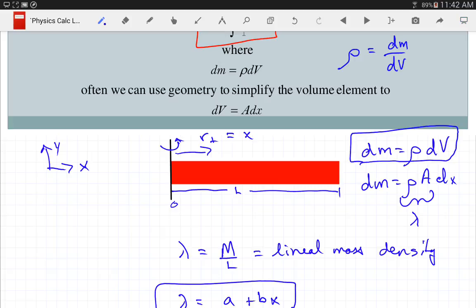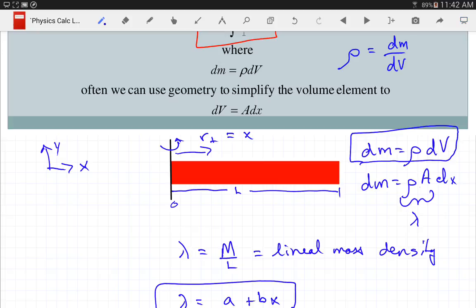And then I said, if I have a uniform cross-section, then my dv is the area of that uniform cross-section times dx. So I made a substitution for a uniform cross-section, dv is a dx.